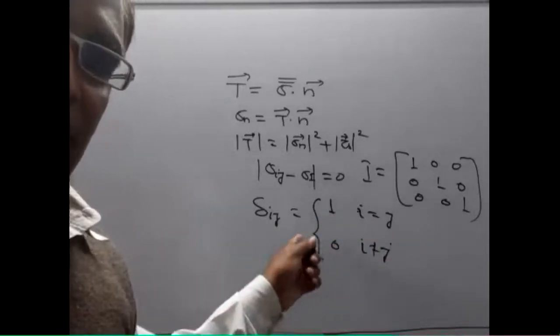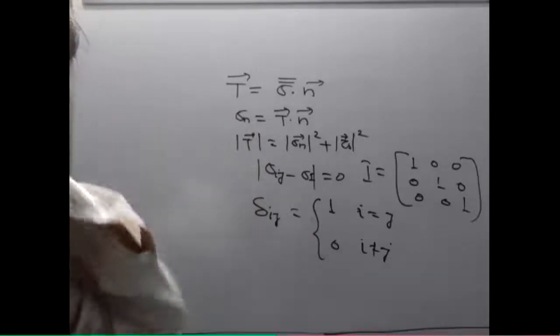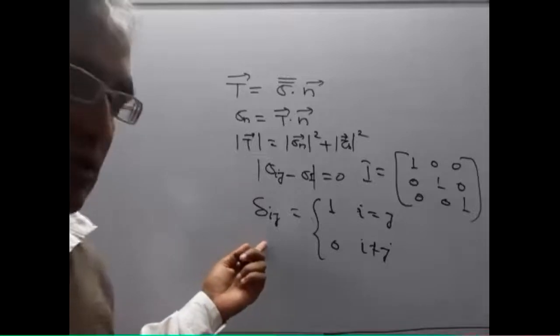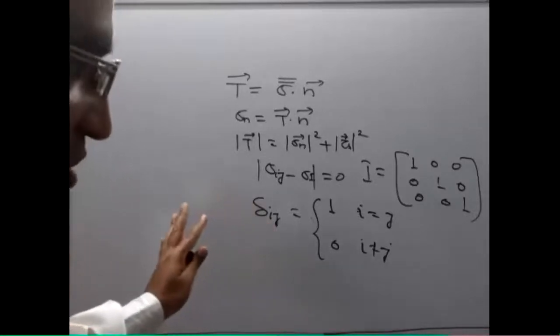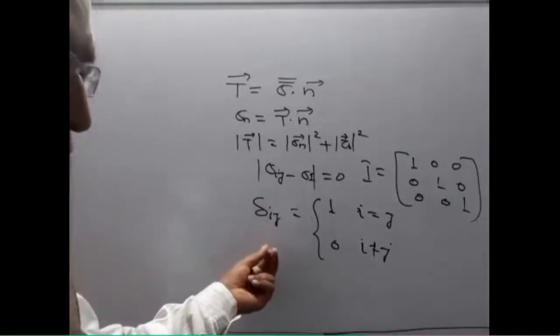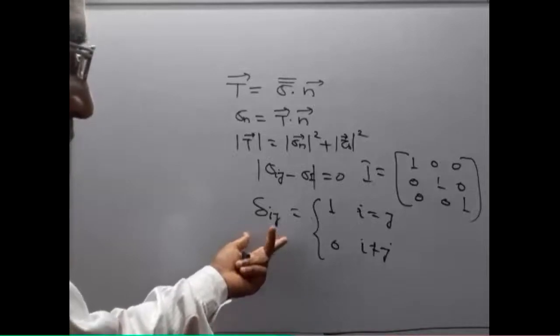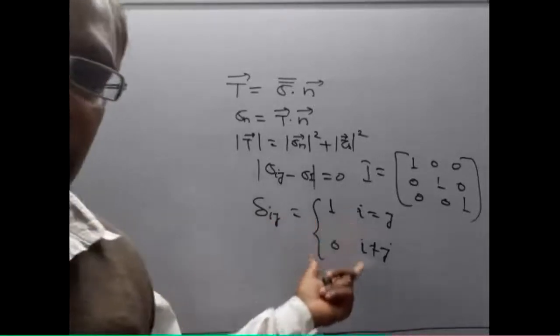So one notation I am introducing right now, delta ij, is known as the Kronecker delta. There is also a Dirac delta function, which I will not discuss right now, used basically in dynamics. But in static problems like solid mechanics, it is the Kronecker delta, and you know the definition.